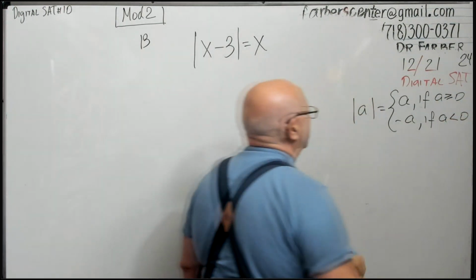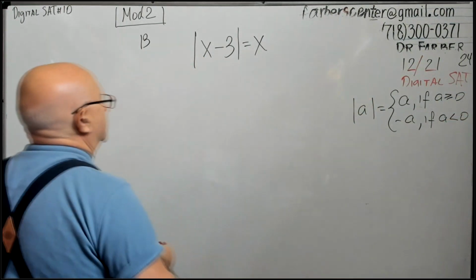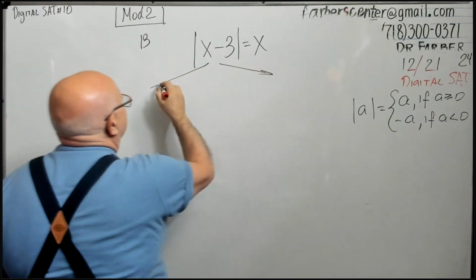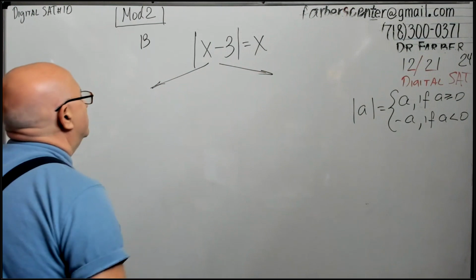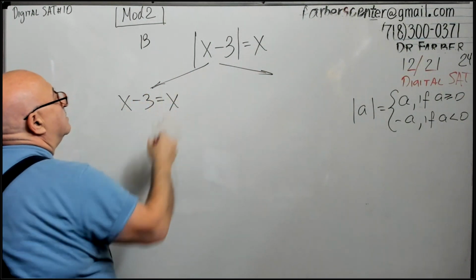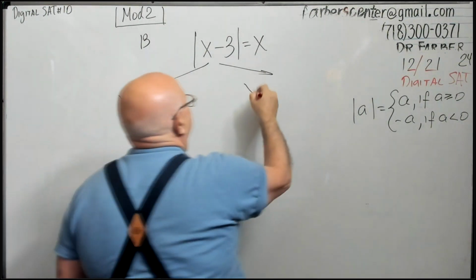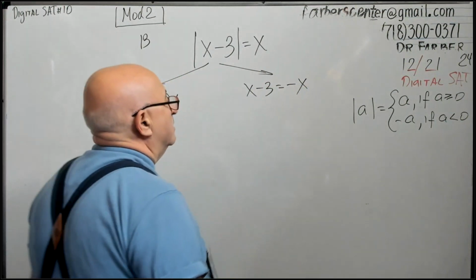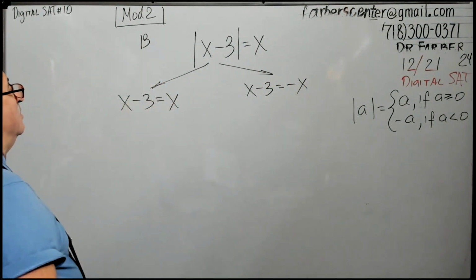This is classic. It means you always have to split it into two pieces, two branches, like a dragon with two heads. x - 3 = x, or x - 3 = -x, by the definition of absolute value.